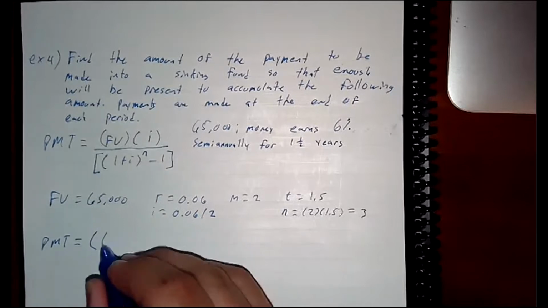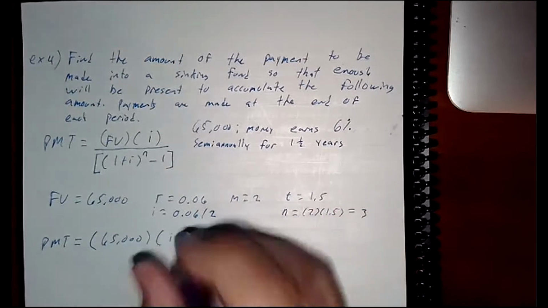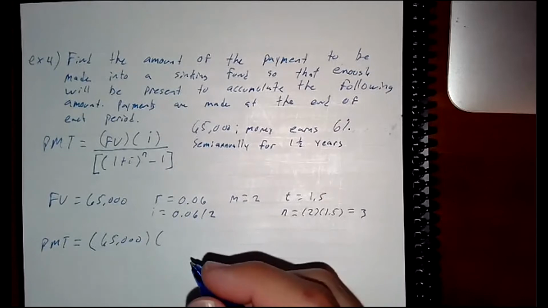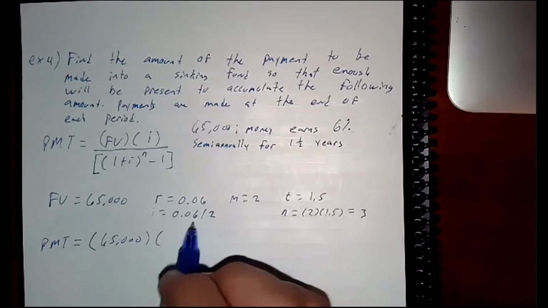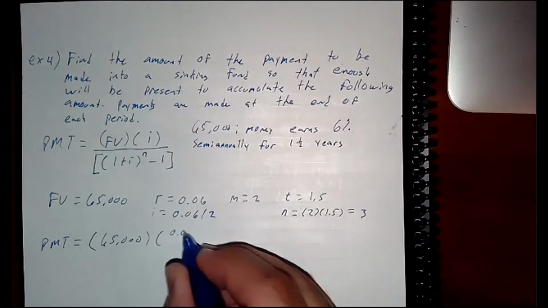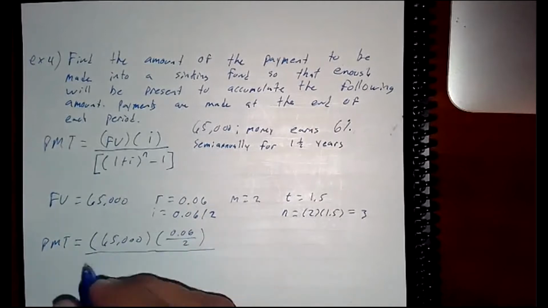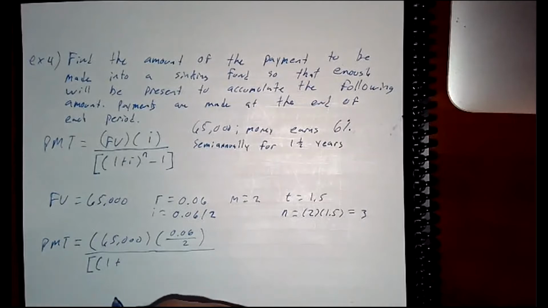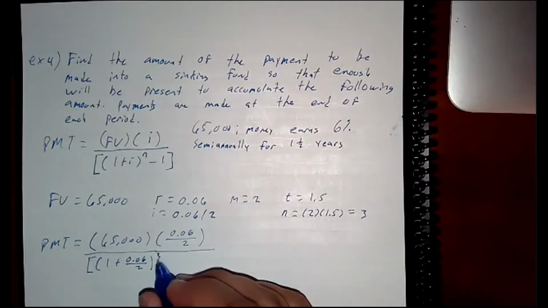So FV will be 65,000 times I, which is R over M, 0.06 over 2, divided by (1 plus R over M, which is 0.06 over 2) to the n, which is 3, minus 1.